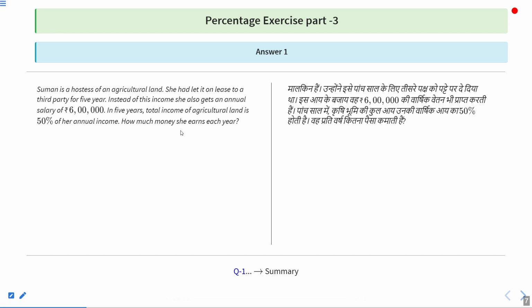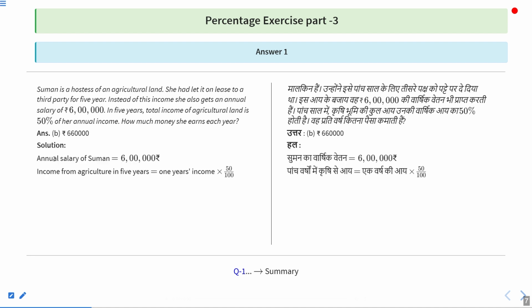Now, there was information about Suman that she gets an annual salary of rupees 6 lakh, and in 5 years, total income of agricultural land is 50% of her annual income. Annual salary of Suman was given, that was 6 lakh rupees.